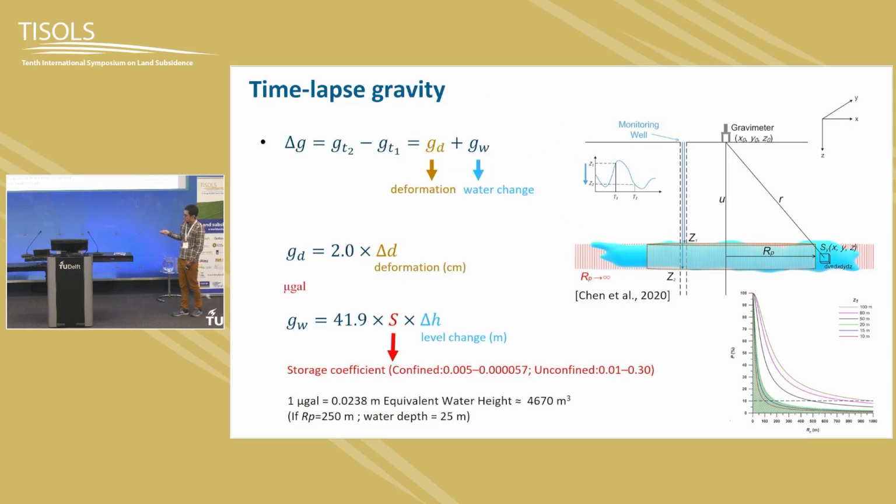So like us, we collocate our sites to the GNSS station, so we could have a deformation here, and the coefficient we use is 2.0. So if you subside 1 centimeter, your gravity value is going to increase by 2 microgal. There's some different argument about this coefficient, but usually it ranges about 1.8 to 2.2. But we just take 2.